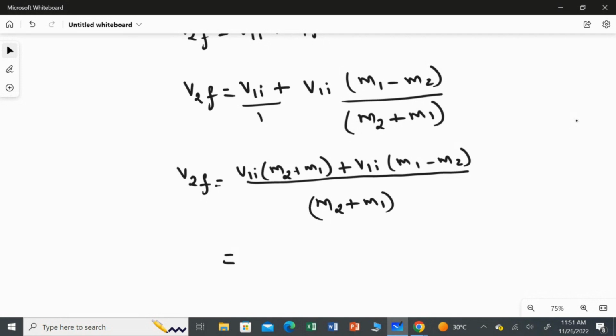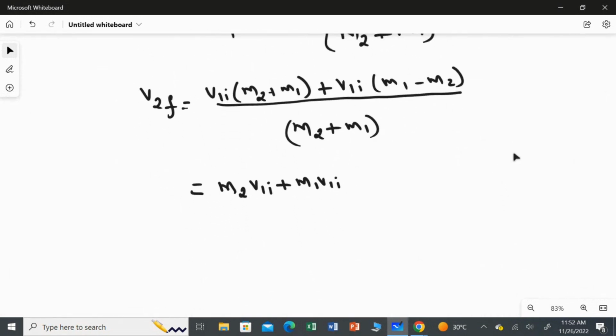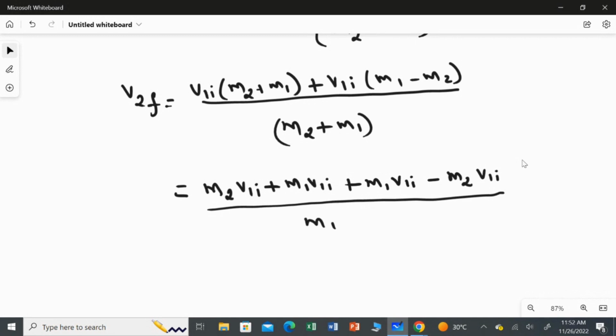Okay, let's see what will happen. If you multiply this V1 initial inside, your term will become m2 multiplied by V1 initial plus m1 multiplied by V1 initial, right? Likewise, here I am going to multiply this term inside: plus m1 multiplied by V1 initial minus, because plus into minus becomes minus, m2 multiplied by V1 initial, divided by m1 plus m2.